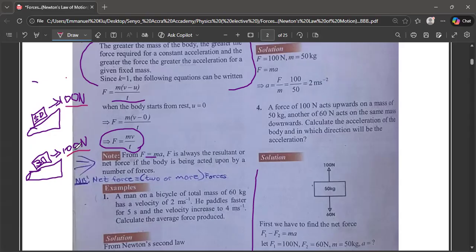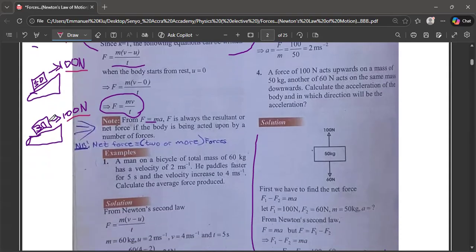Or if you want to explain it mathematically, it means that because acceleration is inversely proportional to mass, a larger mass resists change in motion more strongly, and the same force produces a smaller acceleration.